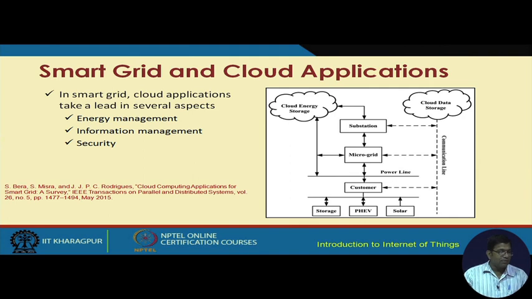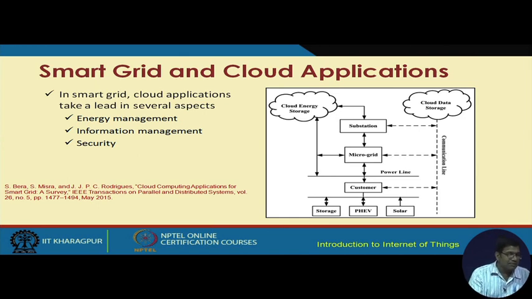This paper has been published in the IEEE Transactions on Parallel and Distributed Systems in the year 2015, and it serves as an important reference about how smart grid and cloud technologies can be integrated together to harness the benefits of each of these and make the power system much more attractive.